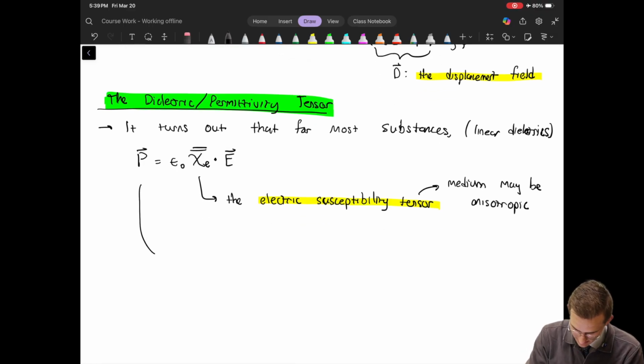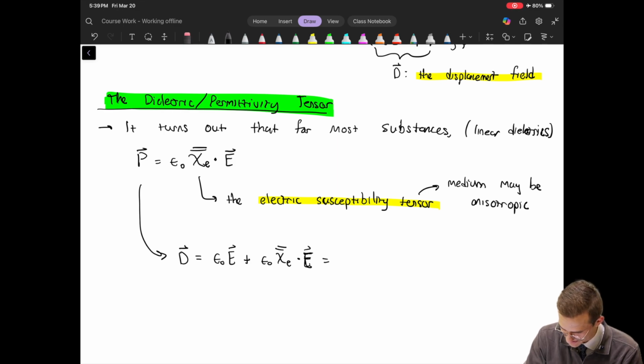Okay, so then what's going on here? The displacement is epsilon naught times E, but now we're going to replace the P in it with epsilon naught chi_e dot E, and now we see that these are both dot products with E, so we can pull out epsilon naught times the identity plus chi_e dotted with E, and this thing right here is the dielectric tensor.